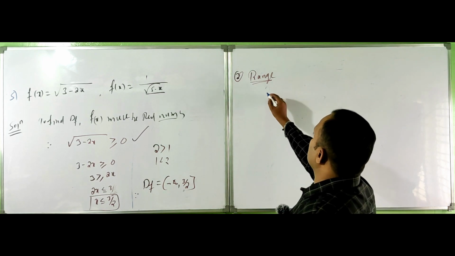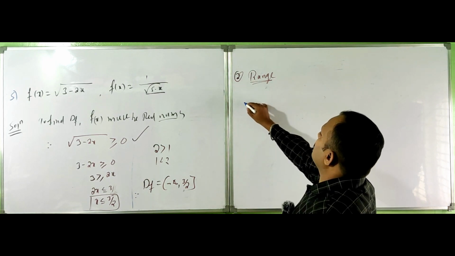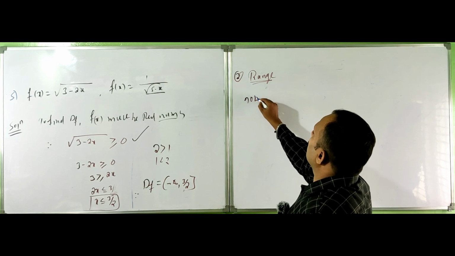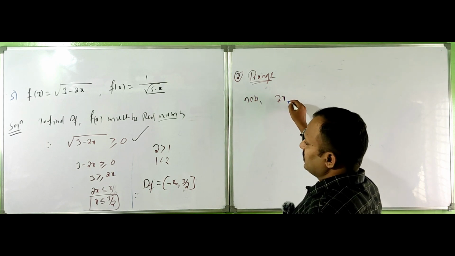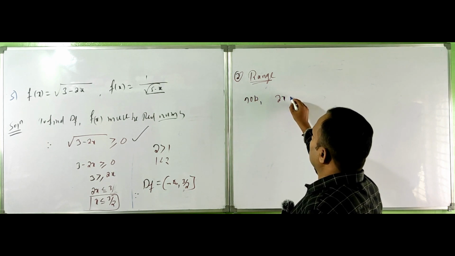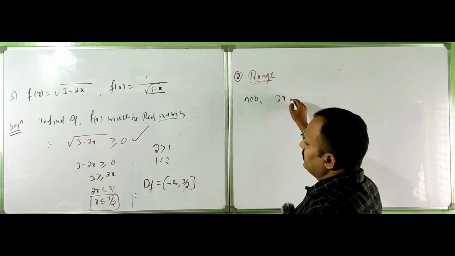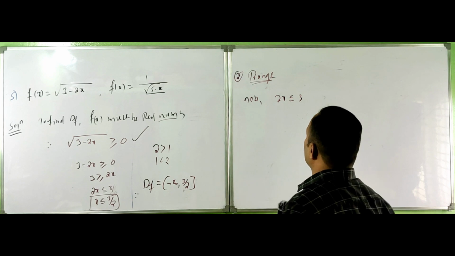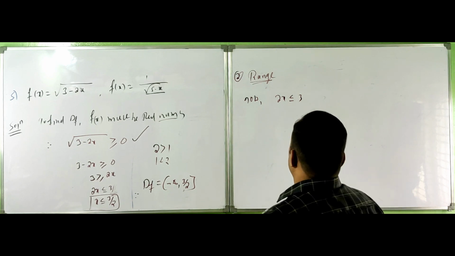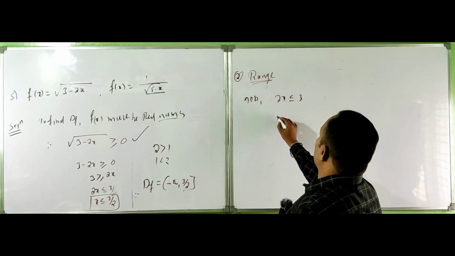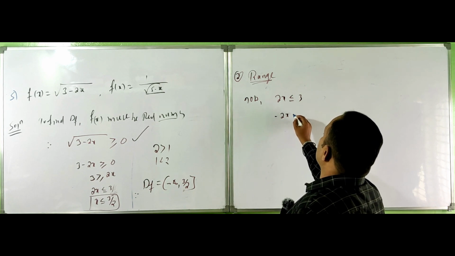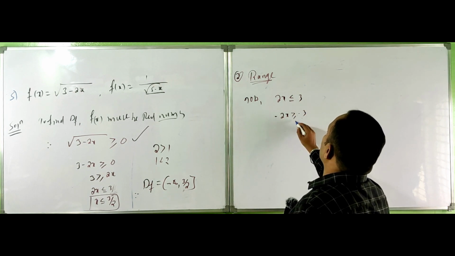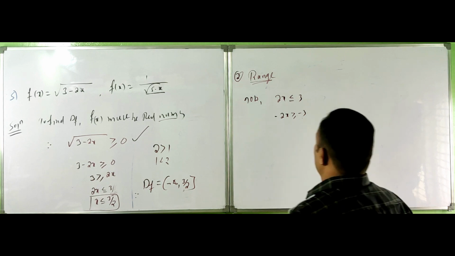Still I am writing again. What is the condition? Let 2x be less than 3, right? What do you want? Minus 2x. Okay. Minus 2x is greater than or equal to minus 3, right?